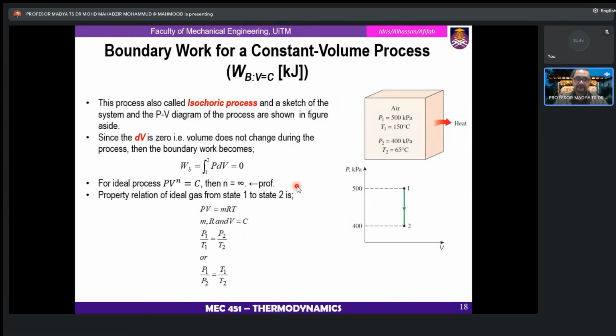When you have this situation, you can use the ideal gas equation PV = mRT, and you can assume a constant volume process, where the equation used is P1 over T1 equals P2 over T2. That is for a constant volume process.